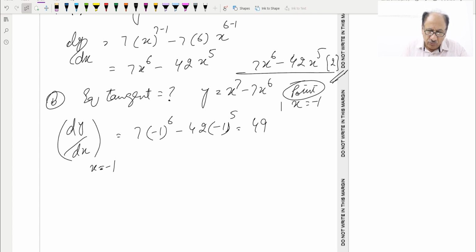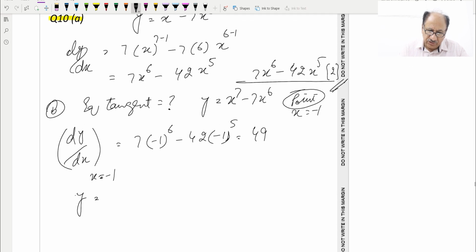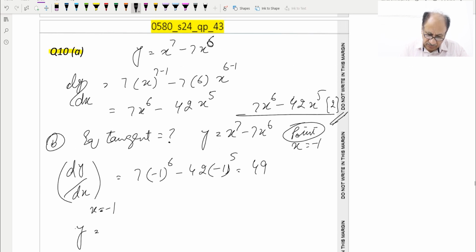So to find the point, we will replace in y. Y is x^7 minus 7x raised to 6. So in this one we will replace minus 1 to get the value of y.